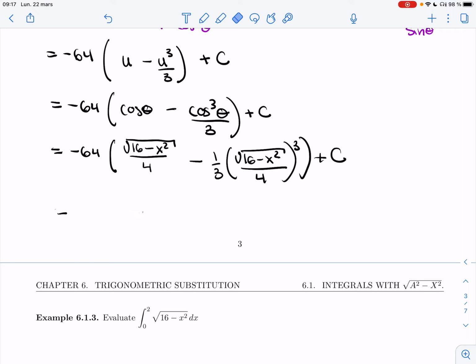Sorry about that. All right, so I'm getting minus 16, square root of 16 minus x squared. But here I'm going to get 64 thirds, and then 4 cubed is 64 as well.